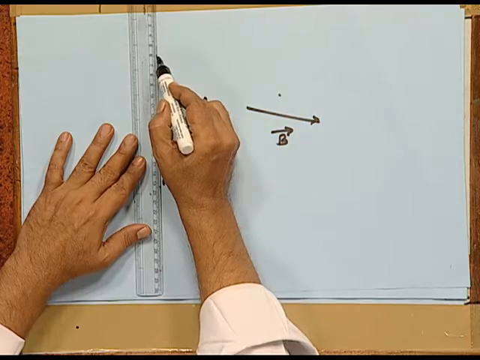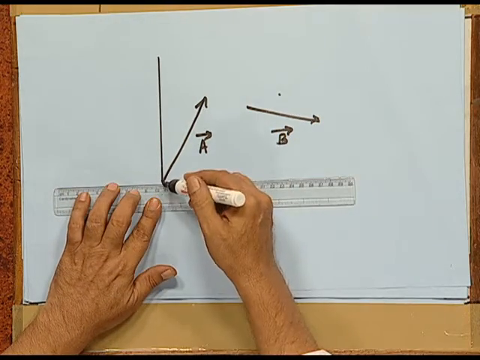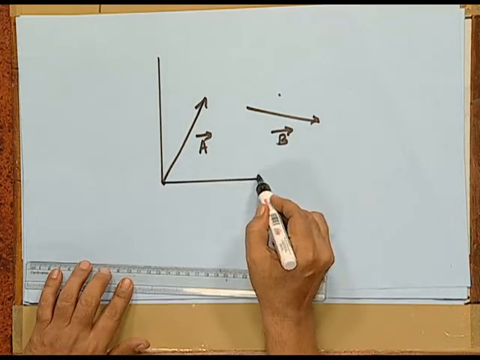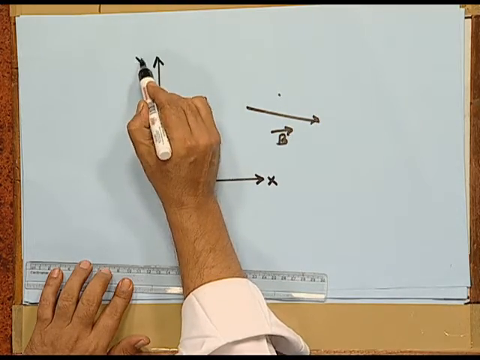Now, in this plane I draw two axes perpendicular to each other. Let us call this the x axis and this the y axis. This vector A can be considered as the sum of two vectors which are perpendicular to each other. How?